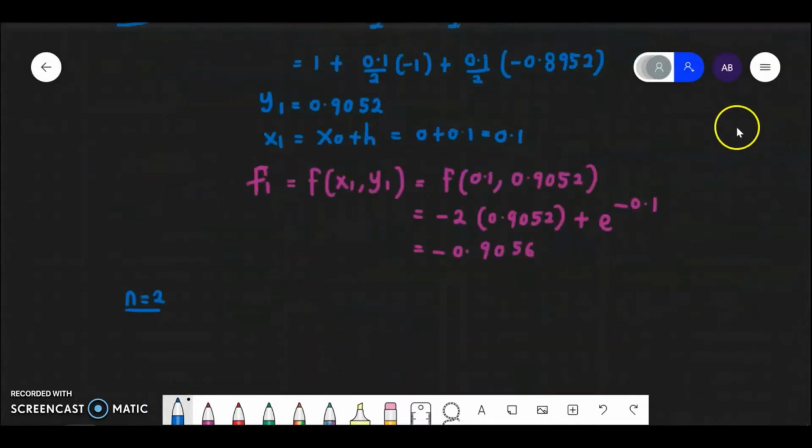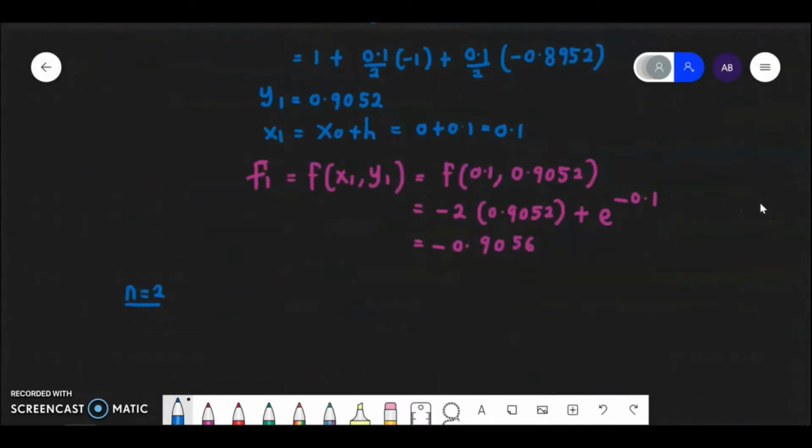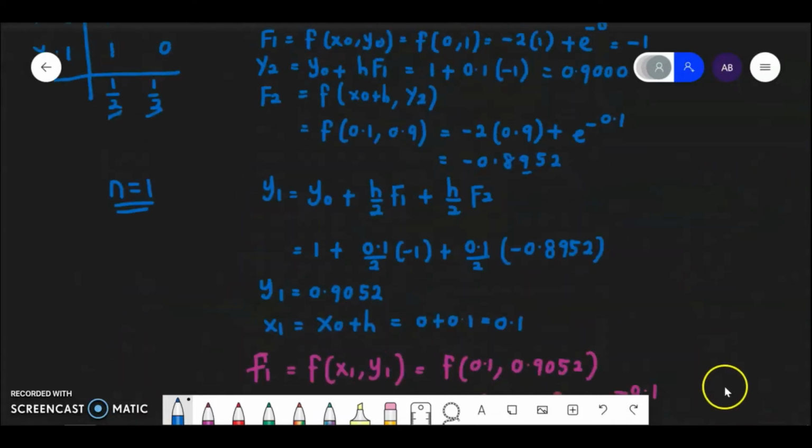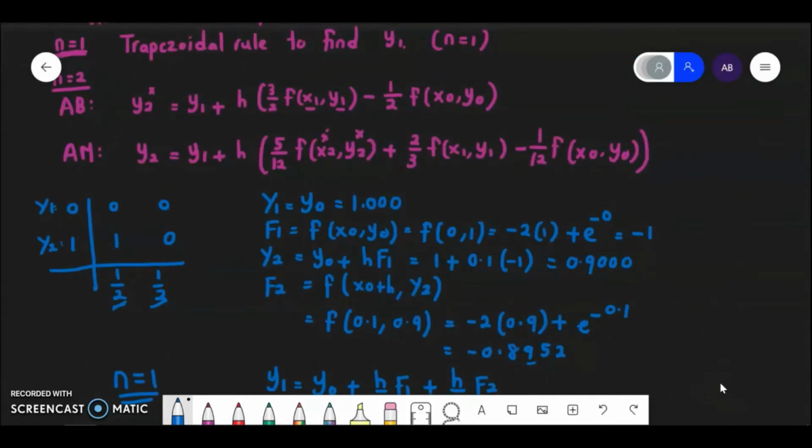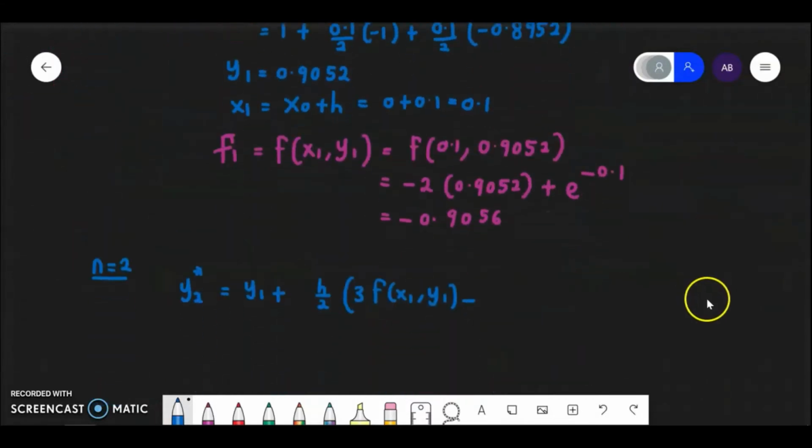So for n equals 2, we want y2 star equals y1 plus h over 2 times 3 f of x1, y1 minus f of x naught, y naught.